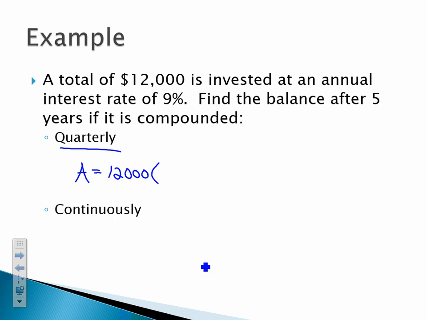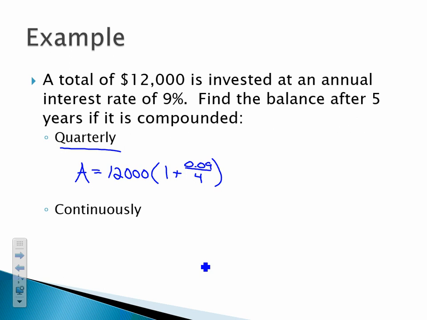And we've got 1 plus R over N. What's our R in this problem? 0.09. We always want to input that rate as a decimal. And then remember, N is representing how many times it's going to compound, which would be what in this problem? 4, since we're compounding quarterly.